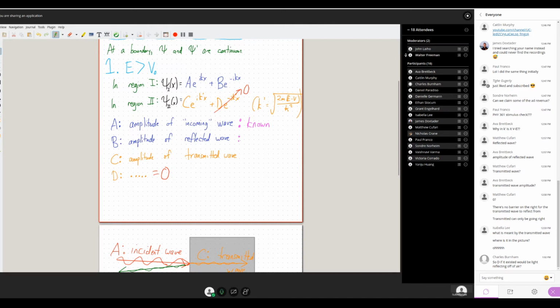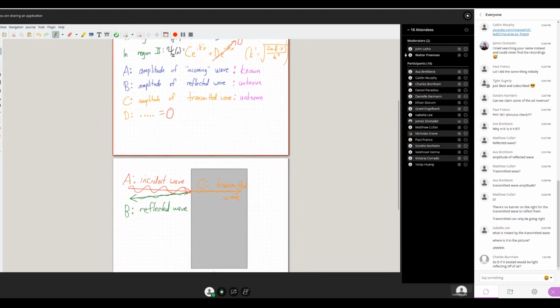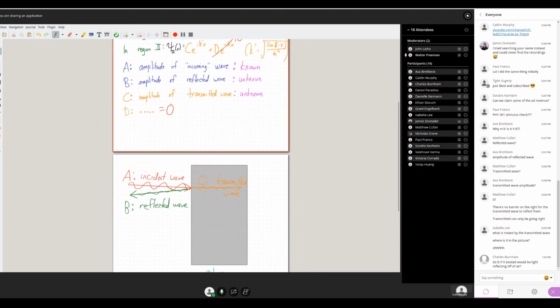B here is an unknown, and so is C. It's like we throw a bunch of particles at a barrier and we don't know how many of them bounce off or not. Charles says, if D existed, would it be light reflecting off of air? Yes, we could. In this situation, I've drawn glass that doesn't extend forever.